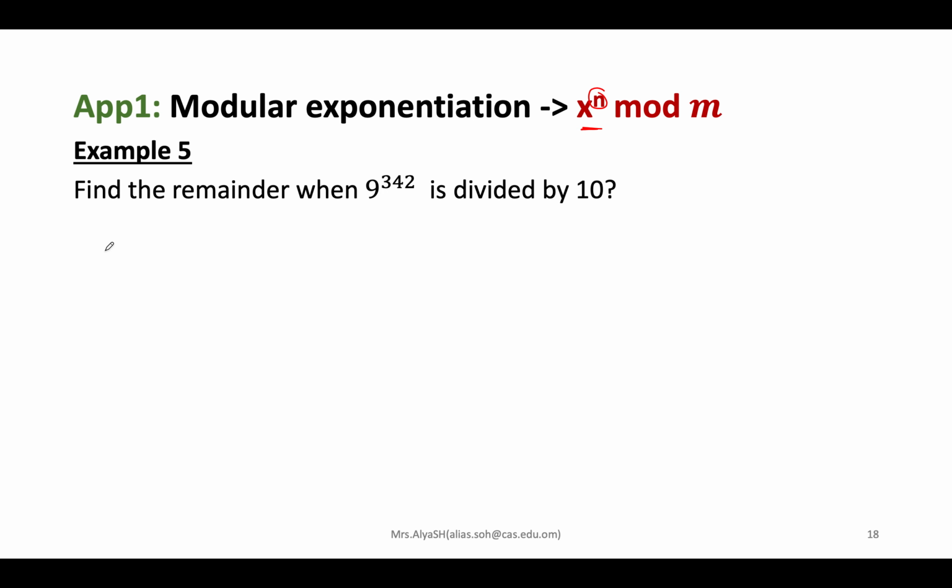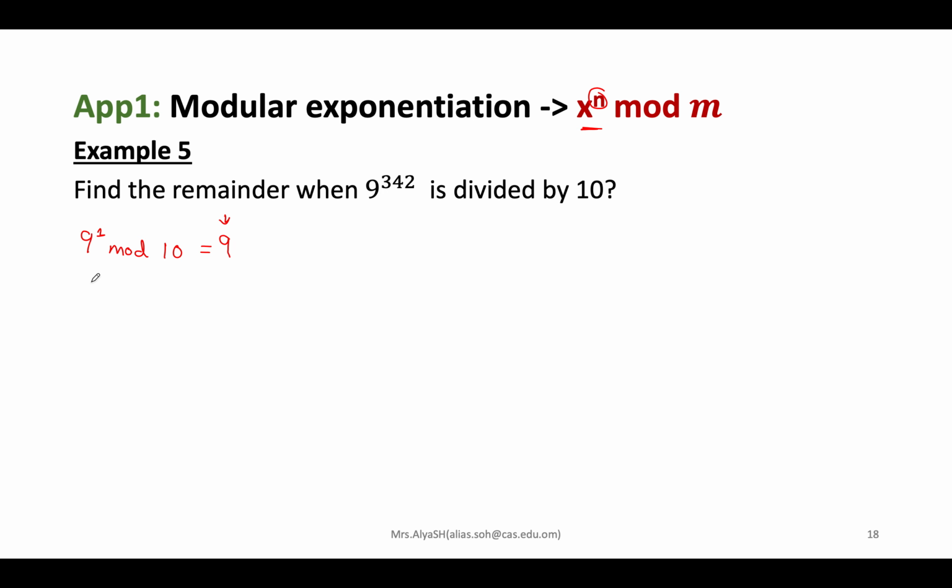First of all, we will start with 9 to power 1 mod 10. Now 9 mod 10, as we said earlier, if the number is less than 10, then it will equal the same number. And by the way, I'm looking for the smallest remainder I can get, which is 0, 1, or 2.